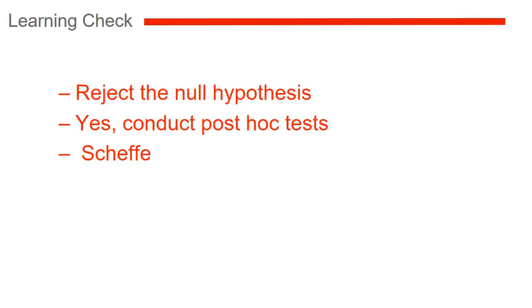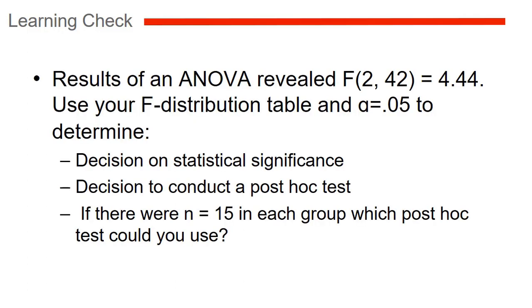Okay, in this case, according to your F table, you would reject the null hypothesis, which means yes, you would conduct post hoc tests. And because there were unequal group sizes, you would use the Scheffé post hoc test. Okay, let's try another one. The results of an ANOVA revealed an F with 2 and 42 degrees of freedom of 4.44.